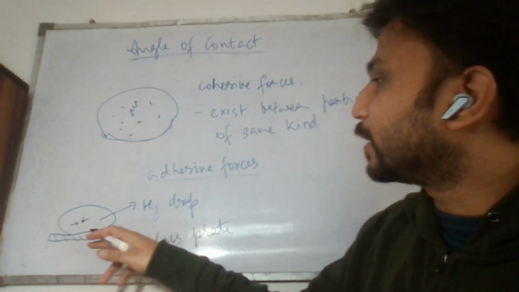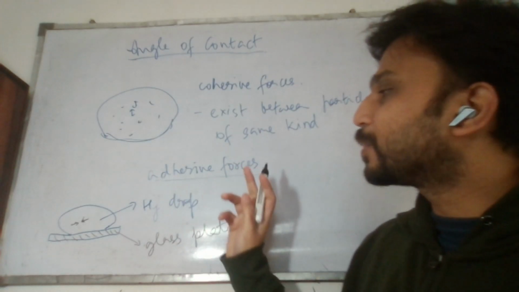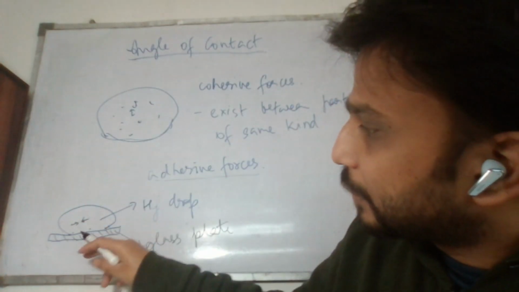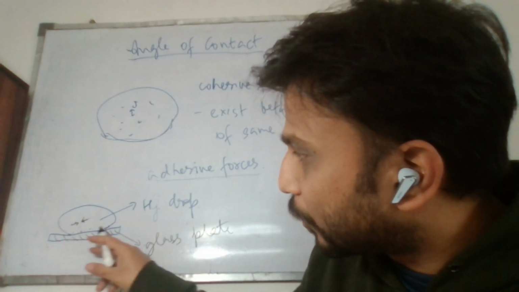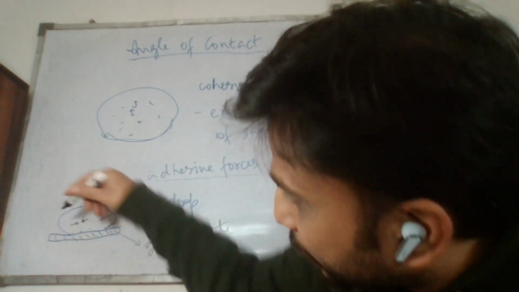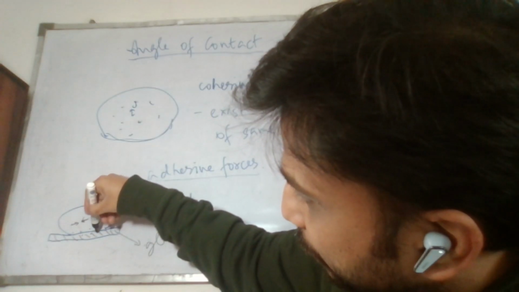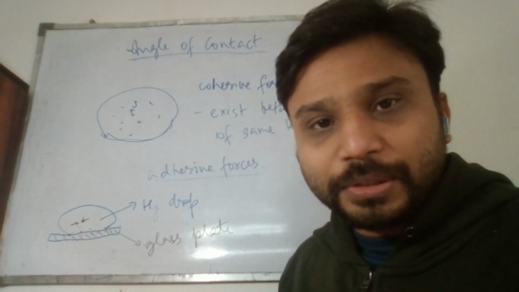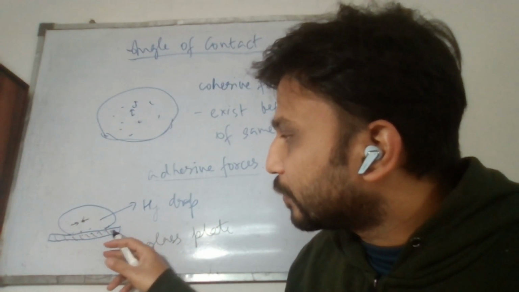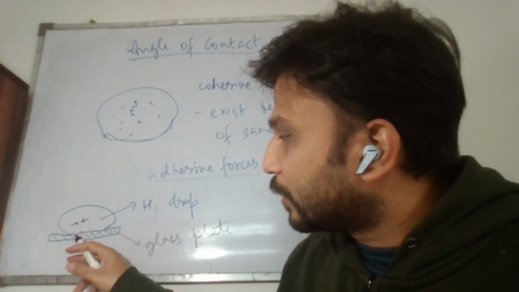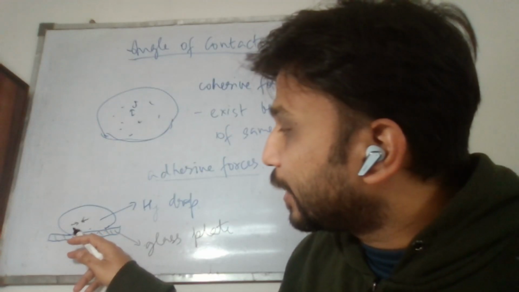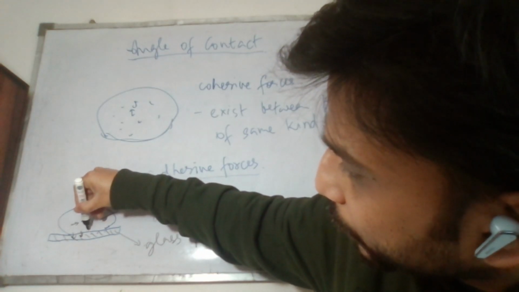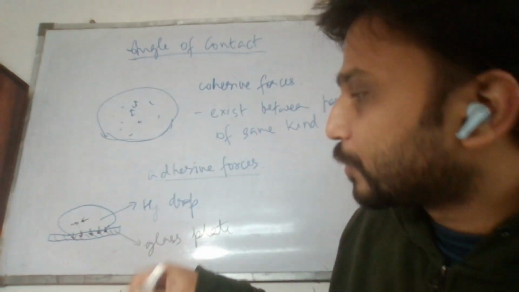There is one other force called adhesive force. This force is also part of the action. The particles at the bottom of the drop interact with the glass molecules. These glass molecules at the bottom of the glass plate interact with the mercury drop and try to create a force in the downward direction.